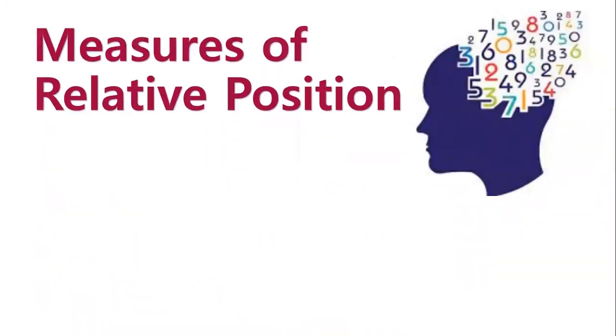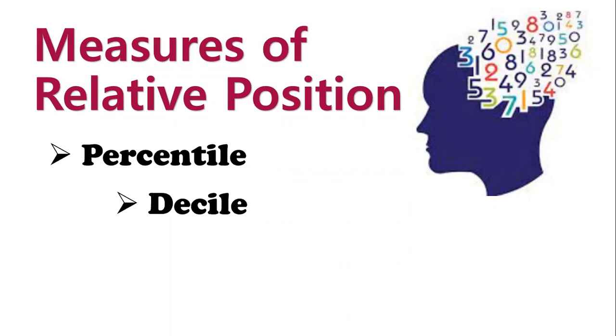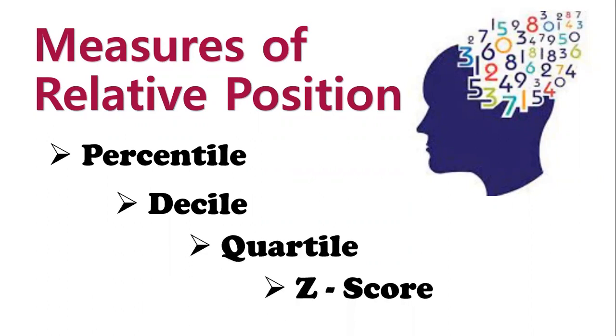These measures of relative position include percentile, decile, quartile, and z-score. So let's start with percentile.